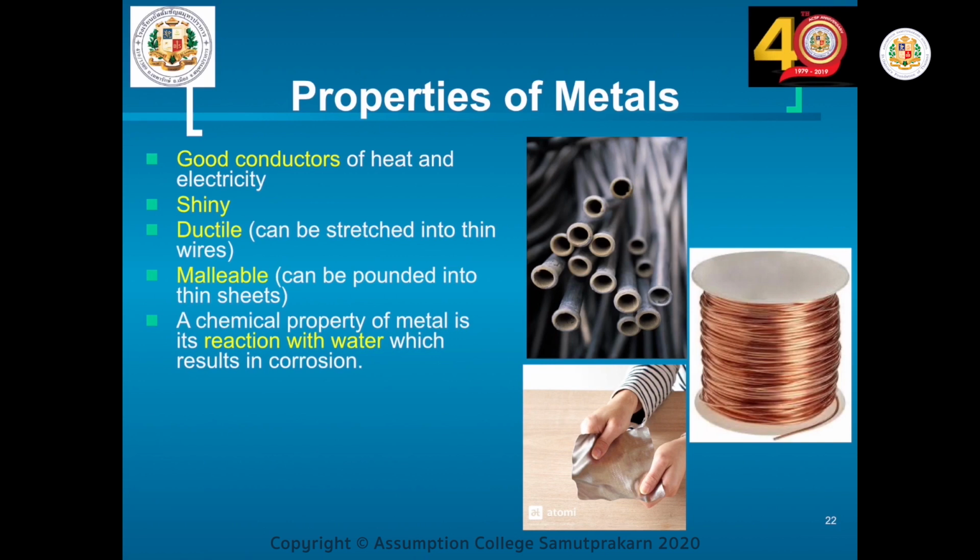Now another property of a metal is their reaction with water. They have the ability to react with water, however, they corrode, or they undergo corrosion. For example, iron. When you have iron or steel materials and you leave them outside your house, they are exposed to water and heat and what else?